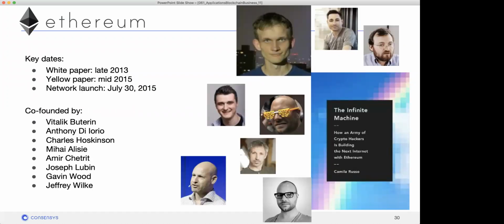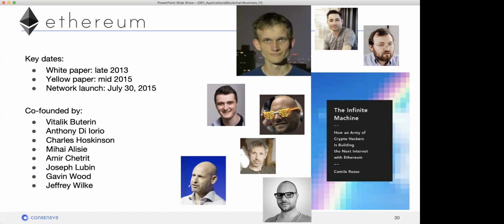Ethereum has a far more diverse group of people who are deemed the founders. And so Vitalik, who is the photo in the middle towards the top, is the person who conceptualized the technology. And then he worked with a group of other people to come up with it.